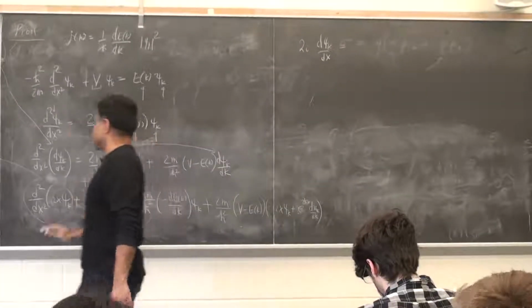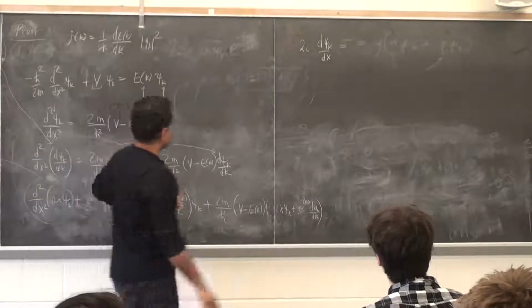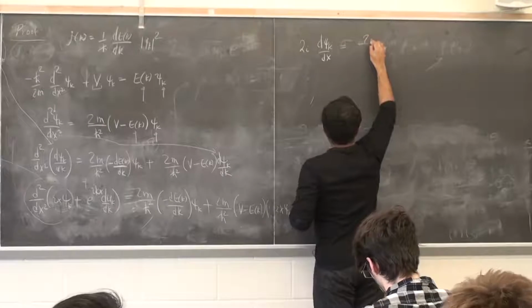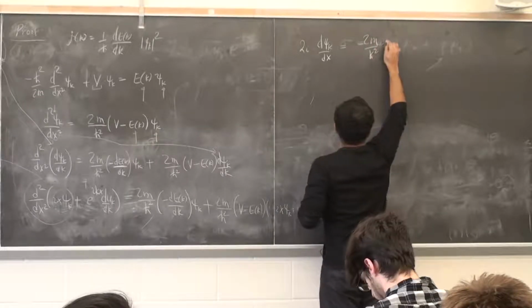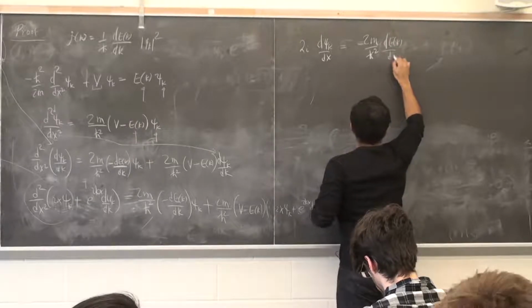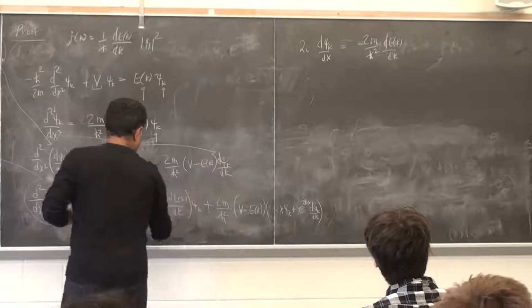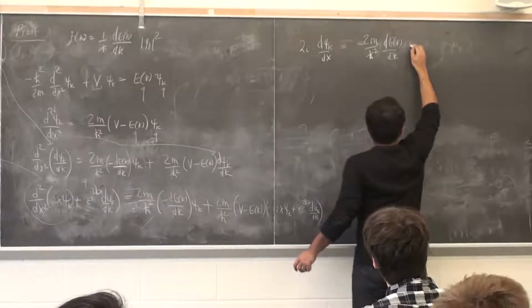I'm going to take everything else to the right side, keep this on the left, and this term I'm going to keep here. H bar squared dE over dk. All right. So this term times psi k, the wave function.